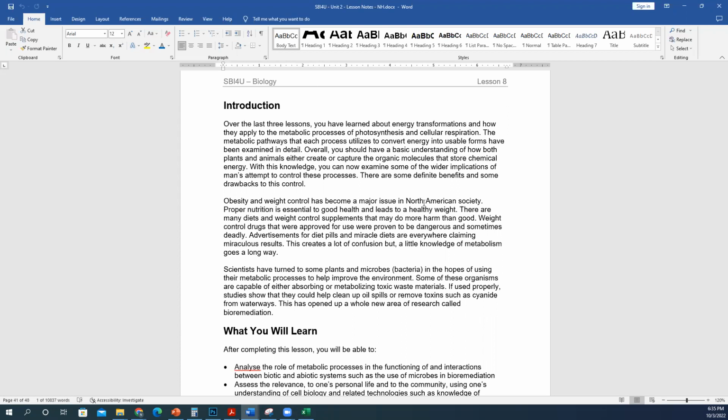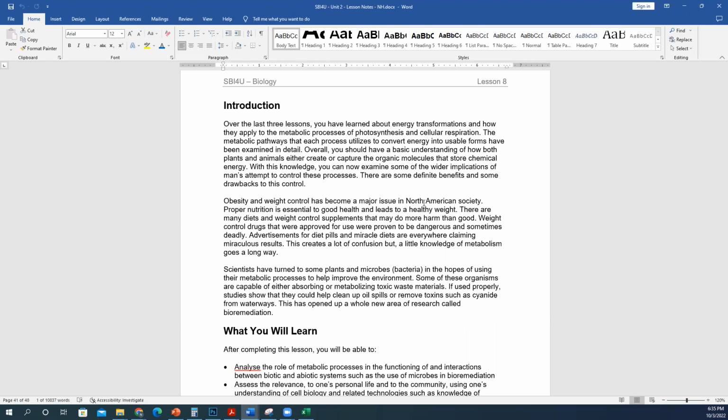And although there are many diets and many weight control supplements, some of these diets and some of these weight control supplements may actually do more harm than good. There are also weight control drugs that have been at some point approved for use that were then later proven to be actually dangerous and sometimes even deadly.